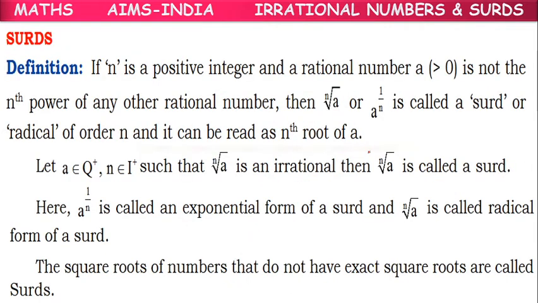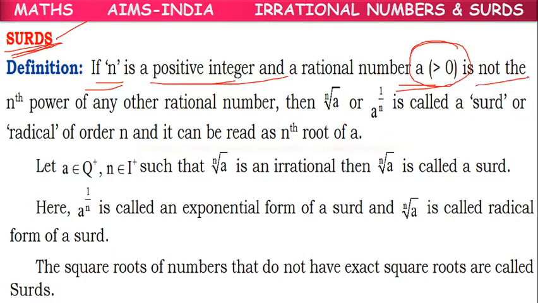So next we have the concept called surds. If n is a positive integer and a rational number a which is greater than 0 is not the nth power of any other rational number, that means a cannot be expressed as the nth power of any other rational number like b power n or c power n or d power n.